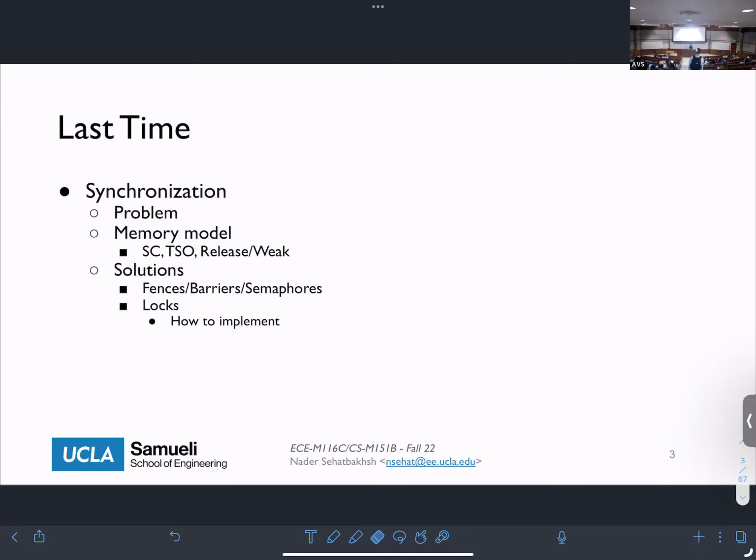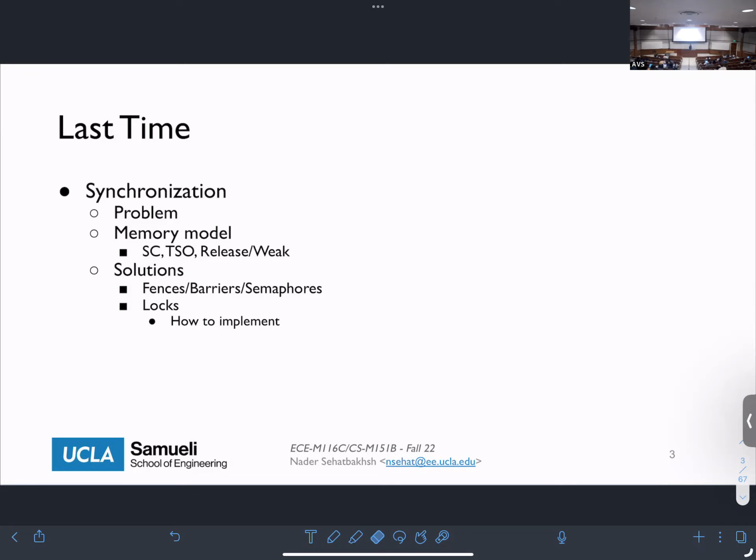And then we talked about release consistency or generally weaker models, which allow you to do any reordering that you want, and under some circumstances stop that reordering. We mainly talked about release consistency as the one that uses mutexes and locks in order to make sure that the reordering happens in the way that we expect.